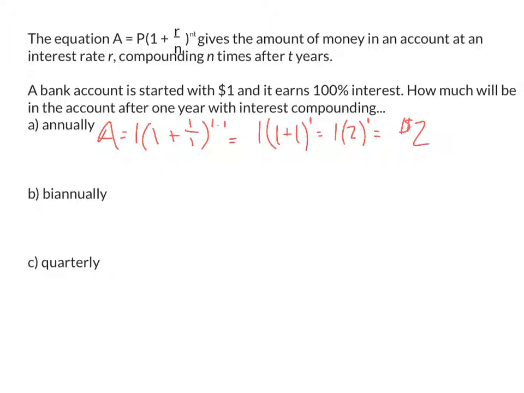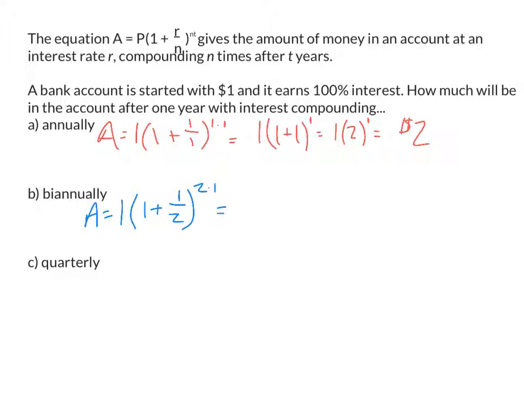So if we compounded only once, we would just have $2. We would double our money. What if we did biannually? So A is equal to, well, we still have a principal of $1 times 1 plus our rate, which is still 100%, or a value of 1. This time over 2, we're compounding biannually, so that's twice per year, raised to the 2 times 1.